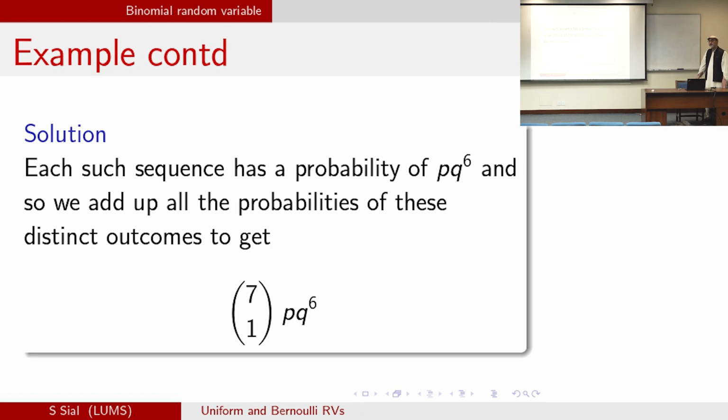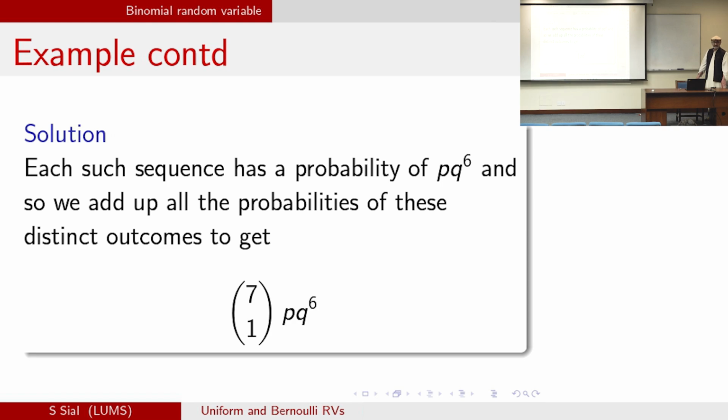And there were 7 choose 1 such sequences. So the total probability of getting 1 h and 6 t's, no matter where that h lies in the sequence, is the sum of all of those. So 7 choose 1, P to the 1, Q to the 6.